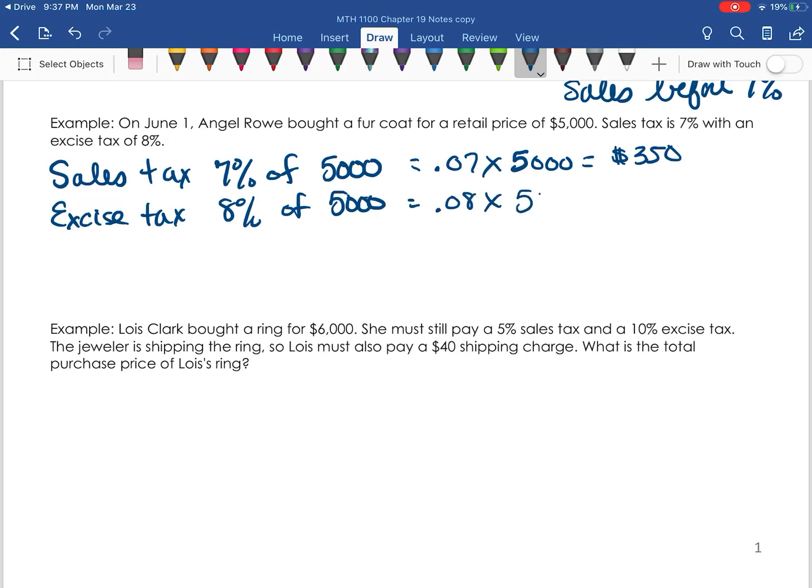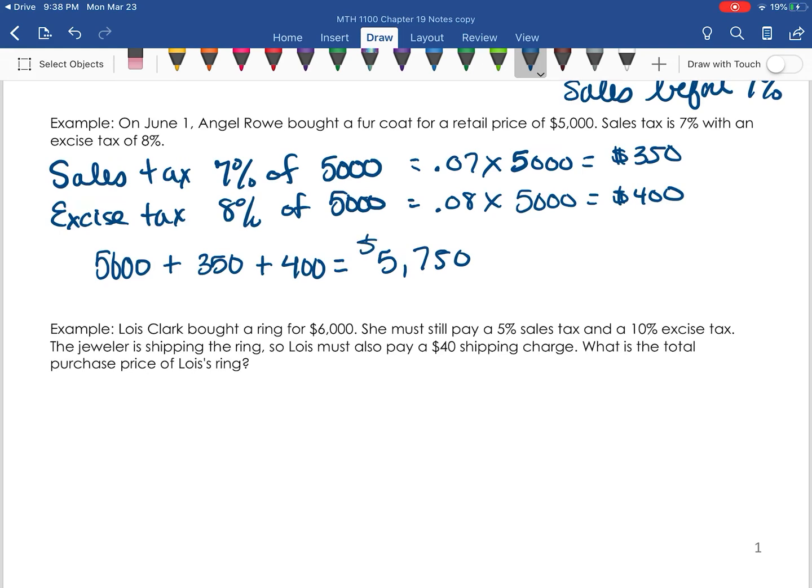Then I'm going to take 8% of 5,000. That's going to be $400 for the excise tax. So now to find the total, we're going to take 5,000 for the cost of the fur coat plus the tax. So that's $350 for the sales tax plus $400 for the excise tax. And when we add that all up, we get $5,750.